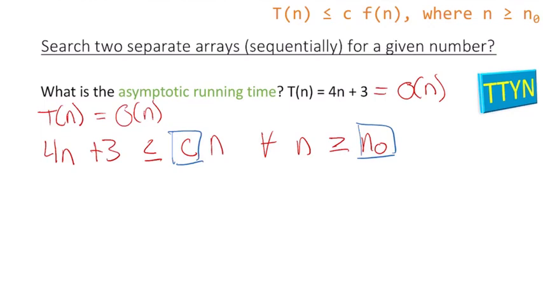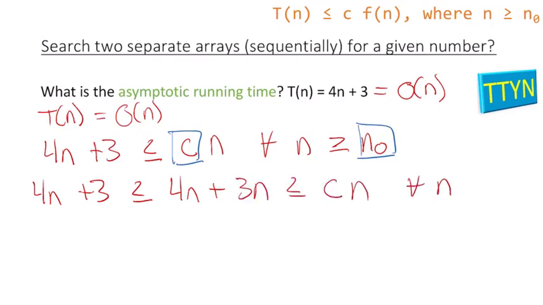You don't have to do it this way. We'll look at another way to do it in a couple more examples down the line. But I always find it easier just to say 4n plus 3 is less than or equal to 4n plus 3n, which is less than or equal to c times n for all values of n greater than or equal to n naught.